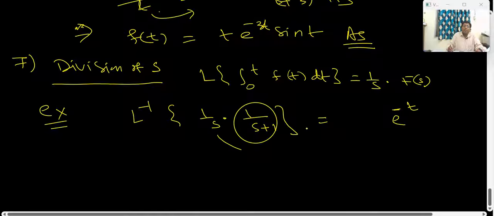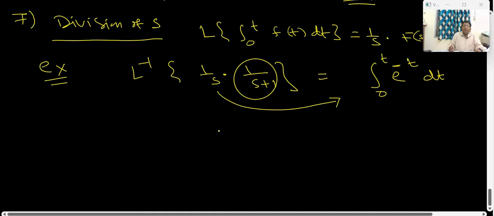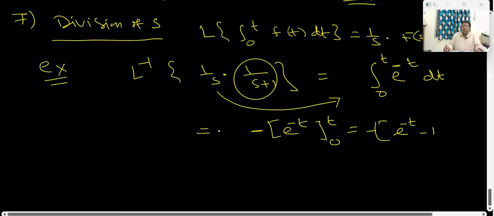Now because of this 1 by s, I am going to integrate it from 0 to t, is it not? The integral of e to the power minus t is minus e to the power minus t from the limit 0 to t. If you apply it, it is minus e to the power minus t minus of minus 1. So this is 1 minus e to the power minus t.